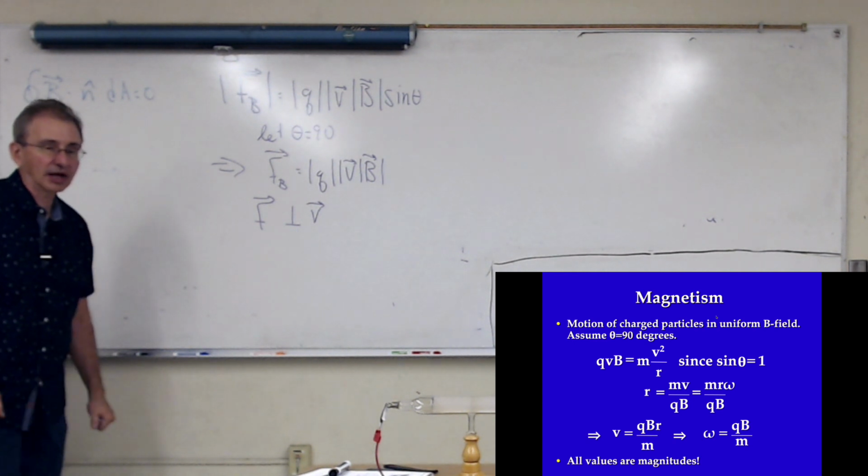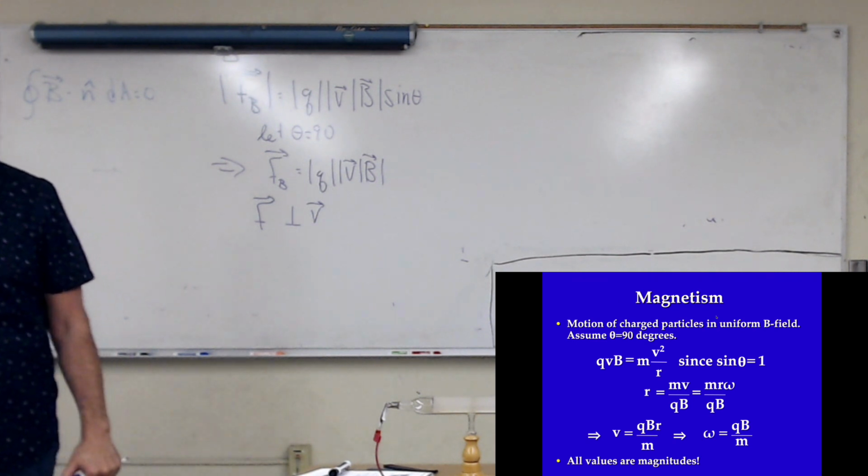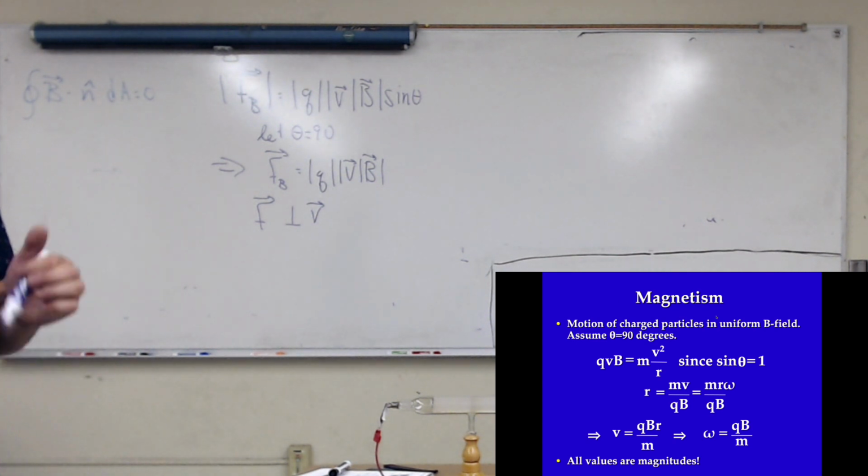Any system where F is always perpendicular to V is producing circular motion.